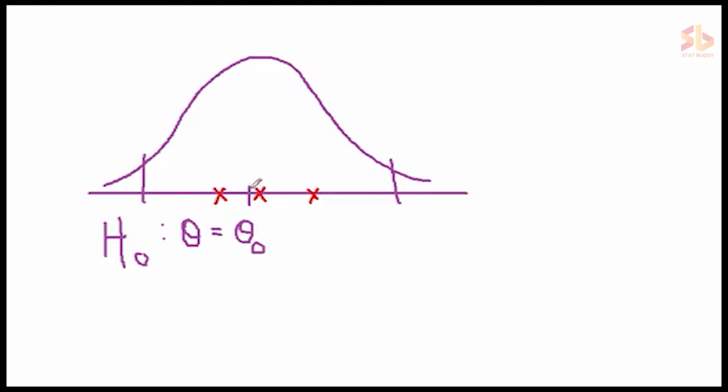So this is our hypothesized point, but we can have some values closer to this point and still we can accept that value.